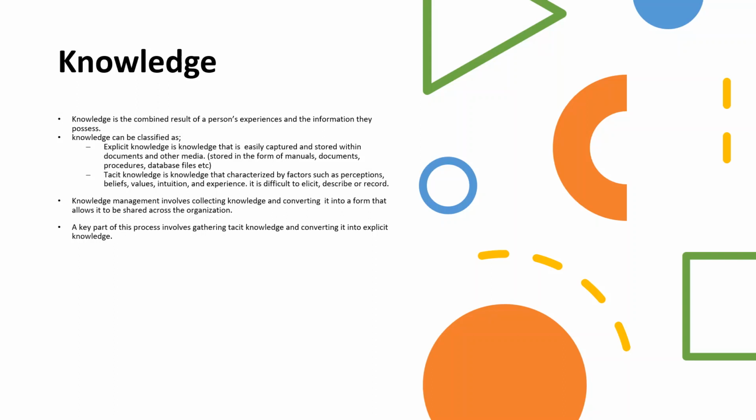So knowledge can be classified as two types. We have explicit knowledge and tacit knowledge. Explicit knowledge is that knowledge that can be easily captured and represented in a certain form, in documents, in other media, manuals, procedures. For example, you go to an organization, the procedure of performing a particular business task.